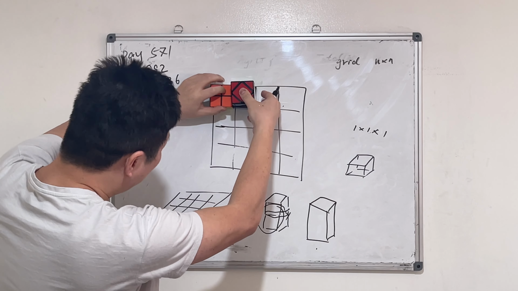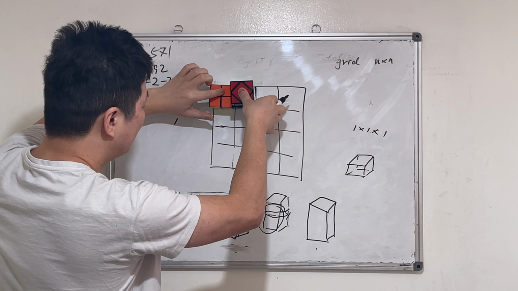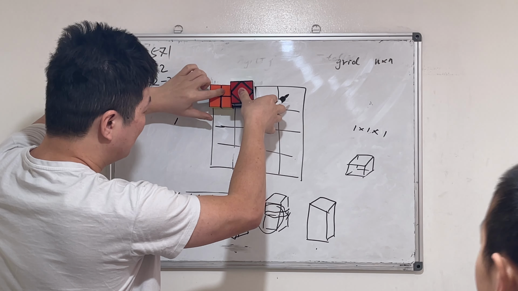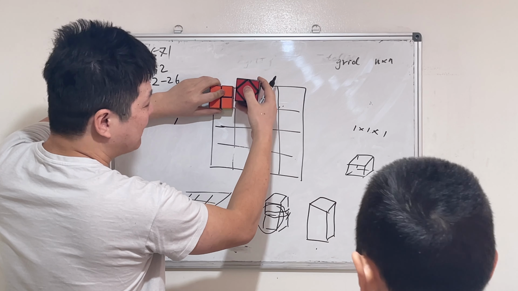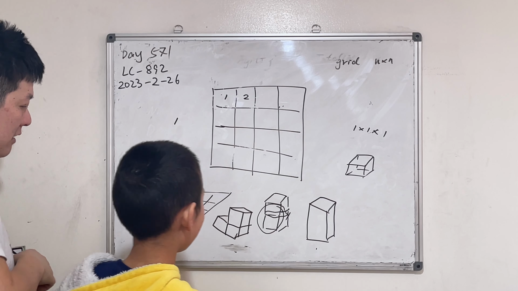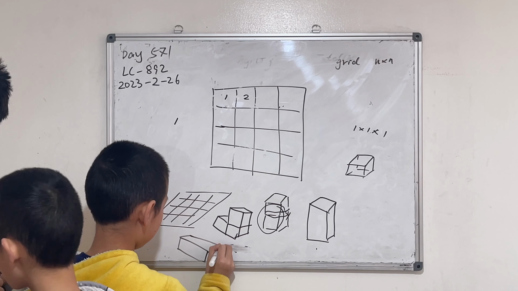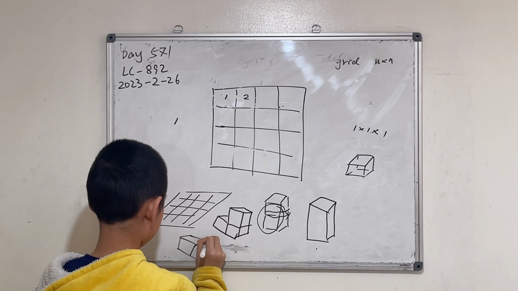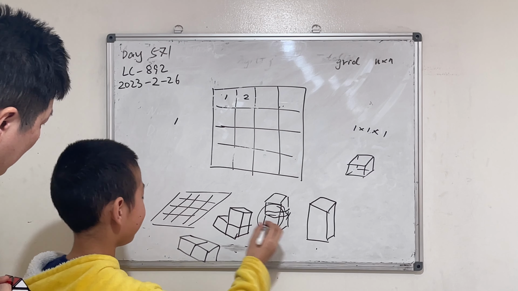You count how many? 1, 2, 3, 4, 5, 6, 7, 8, 9, 10, 11, 12, 13, 14, 15, 16. 16. How do you calculate this? Wait, no. We know this is 10, and then we add 1 on top.